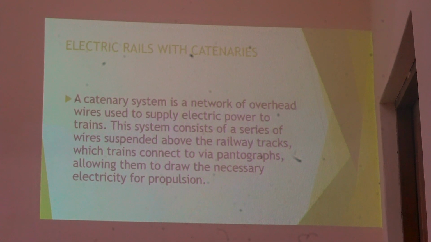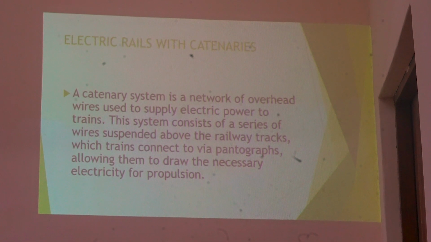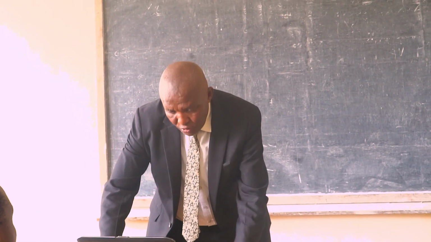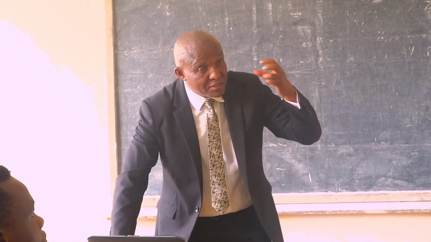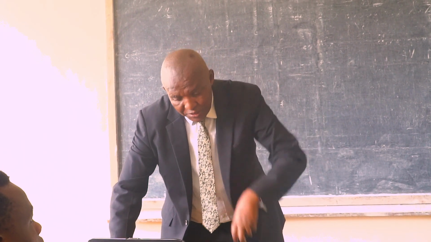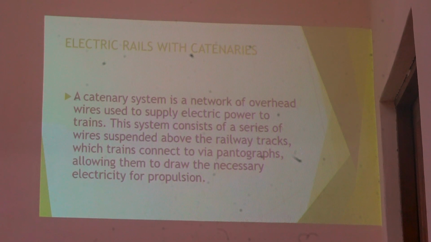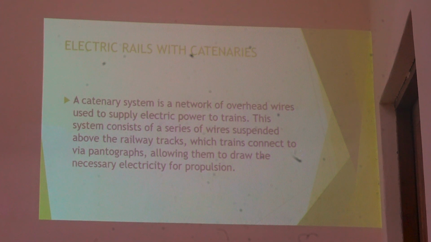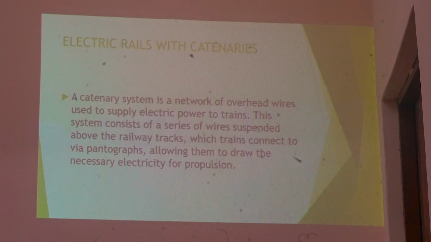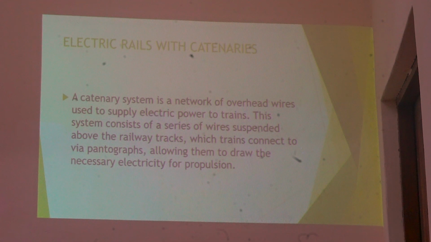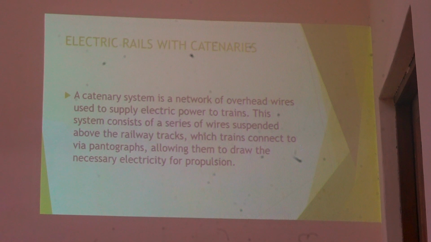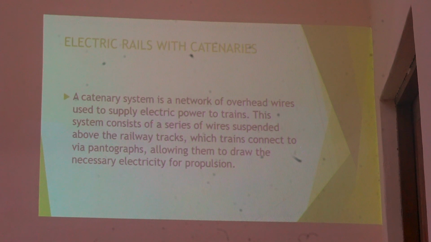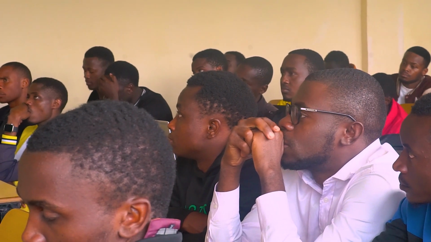This system consists of a series of wires suspended above the railway tracks, which trains connect to via what they call pantographs. Pantographs transfer the electricity from the catenary system to the train, allowing them to draw the necessary electricity for propulsion.